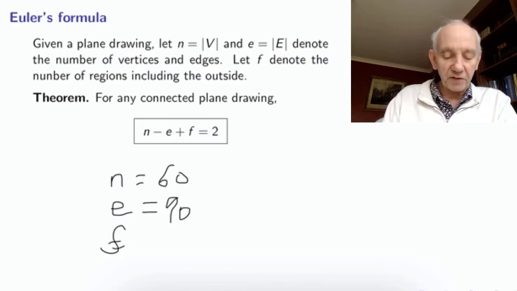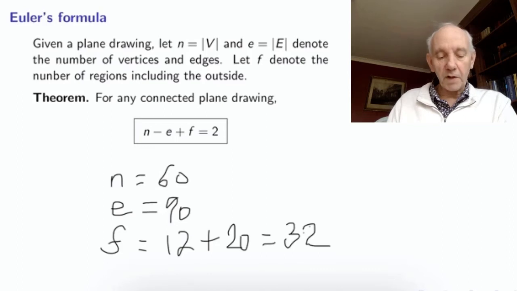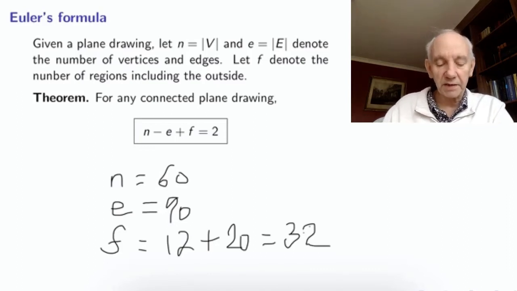The number of faces is equal to 12 for the pentagons, plus the number of the hexagons, which corresponded to the original faces, and there are 20 of those, so that's 32. And that will work out: 60 minus 90 plus 32 is equal to 2.